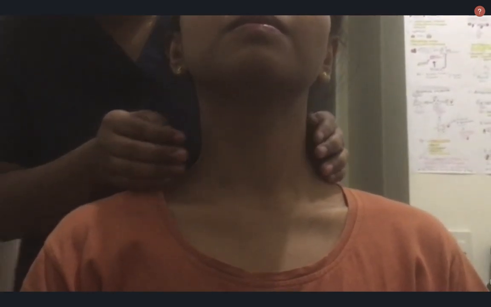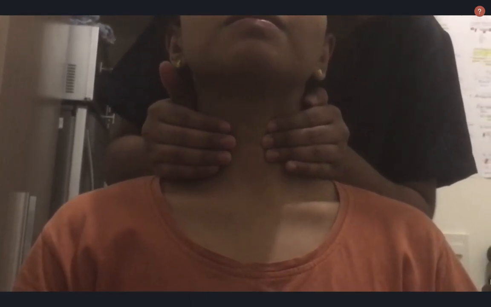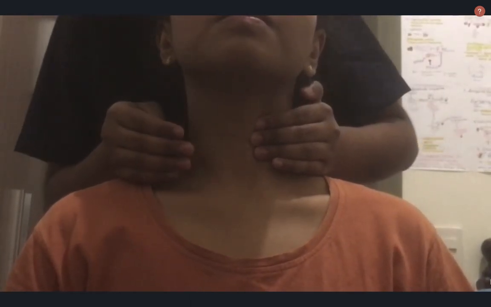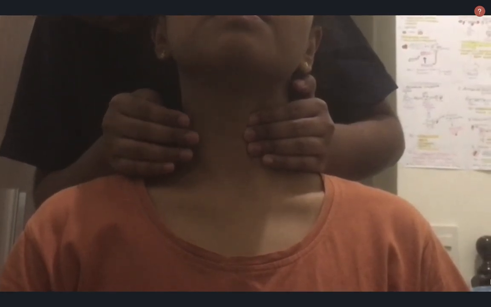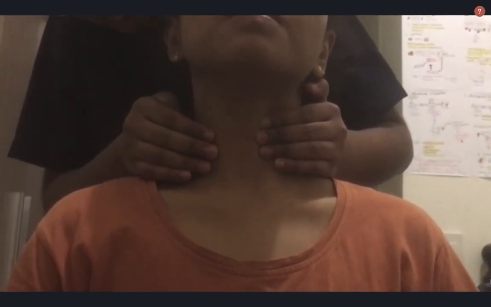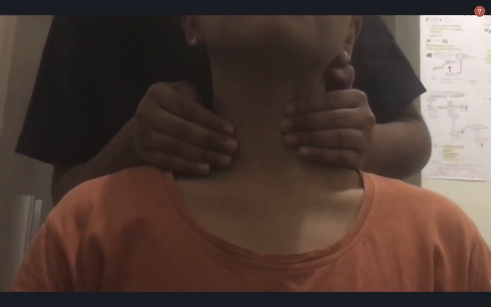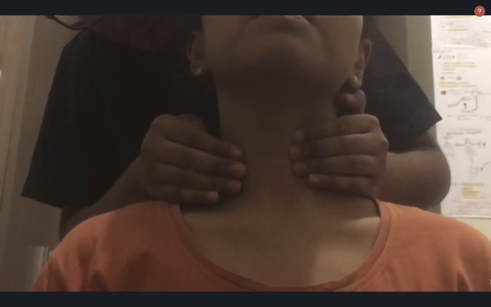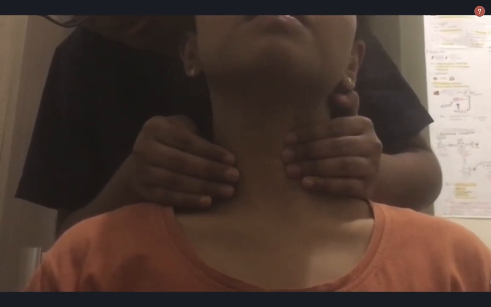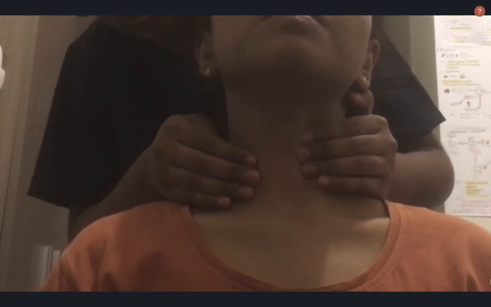Now after that, slightly displace the trachea of the patient to the right side carefully. Now palpate the right lobe of the thyroid with your right hand between the space of the displaced trachea and the relaxed sternocleidomastoid muscle.